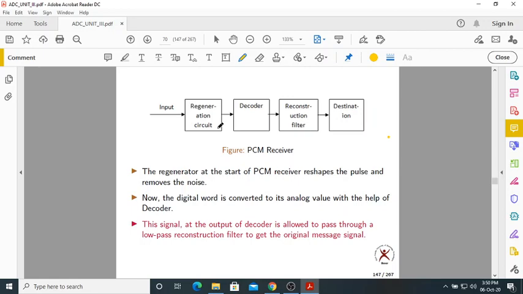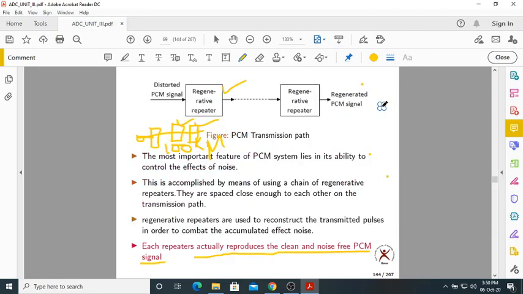The only thing is we are using the regenerative repeaters to produce clean and noise free PCM signals after a small distance. We keep such regenerative repeaters along the transmission path to avoid the accumulation of noise. We are not allowing the noise to get added.